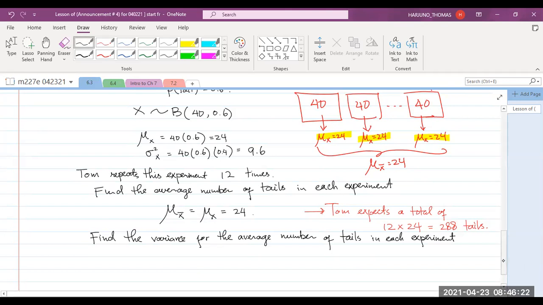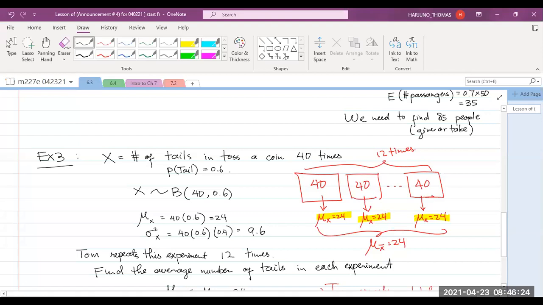Do you expect that all of a sudden you have one experiment where you toss the coin 40 times and none of them are tails? It's possible, but the probability is so small. Or in another experiment of tossing the coin 40 times, suddenly all of them are tails. That's possible, right, Thomas? Yes, that's possible, but the probability is very, very small.